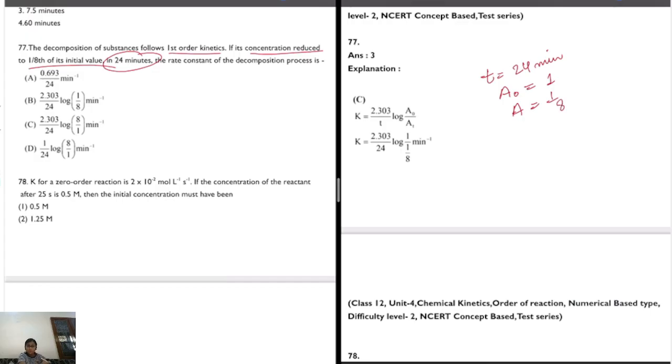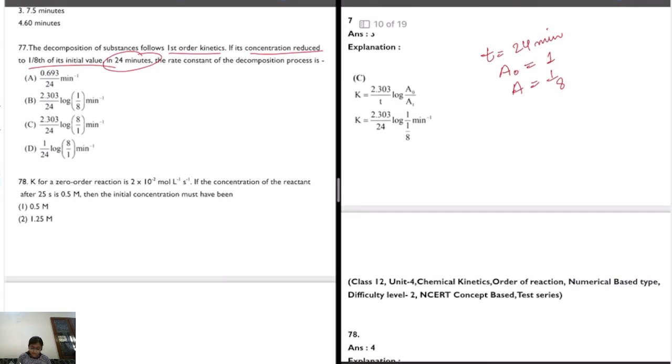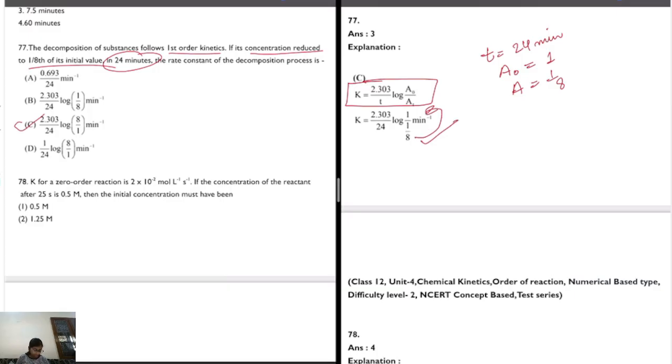It has now become 1/8. Now let us put it in the formula for first order kinetics, which is this. K equals 2.303 upon t log initial upon final concentration. And upon putting the values, we'll get this. Therefore, 8 will just go above and C would be the correct answer.